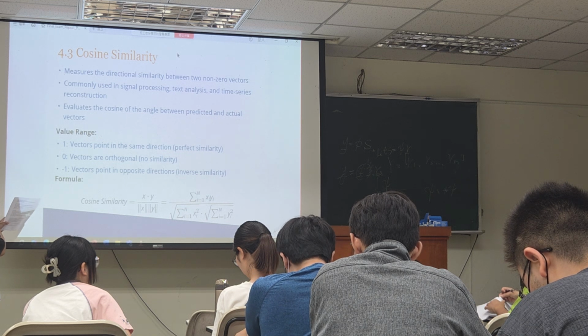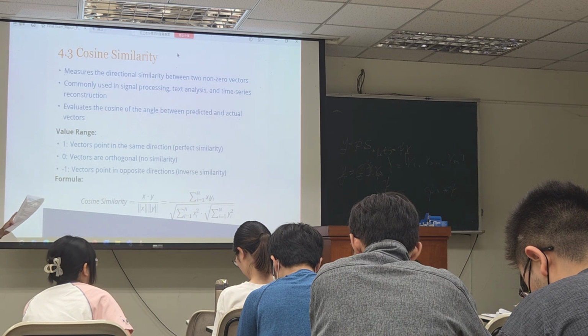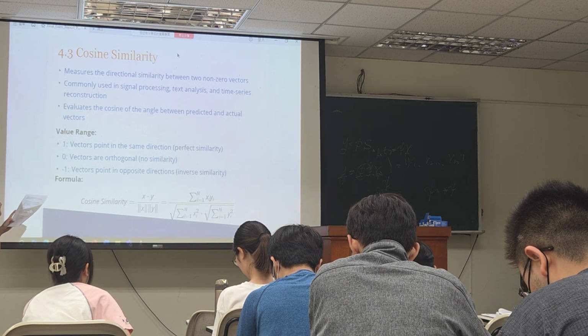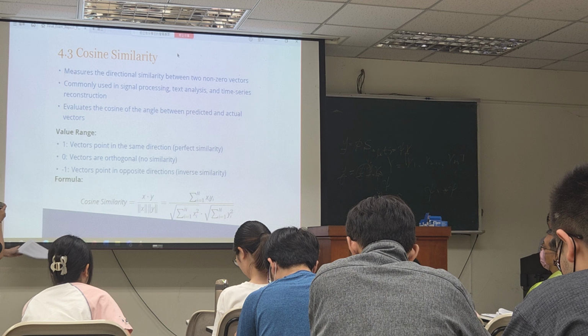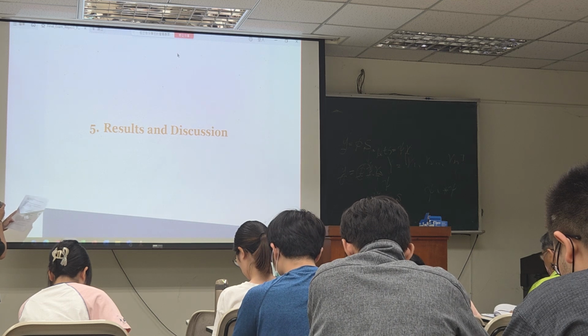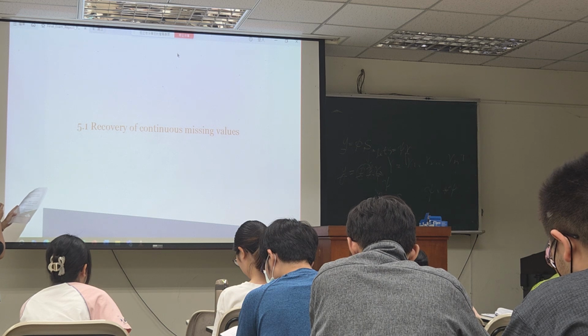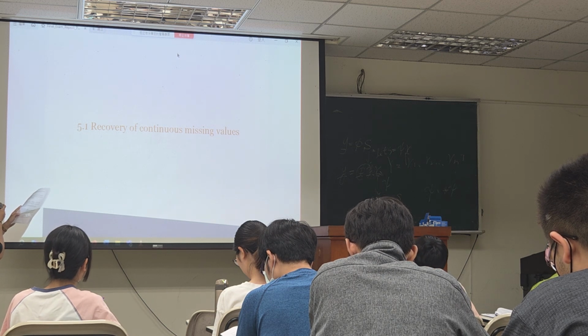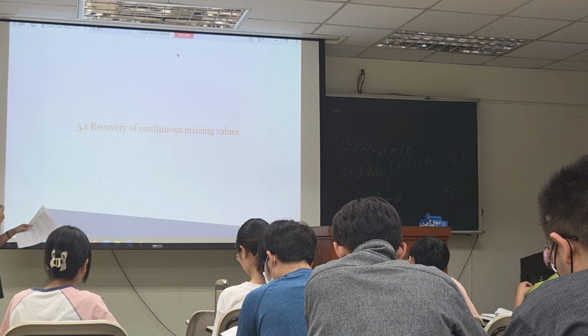Cosine similarity close to 1 means similarity to the original signal, 0 means no similarity, and -1 means completely opposite. The formula is here. Now we move on to results and discussion. The first one is recovery of continuous missing values, and the other is the recovery of random missing values.